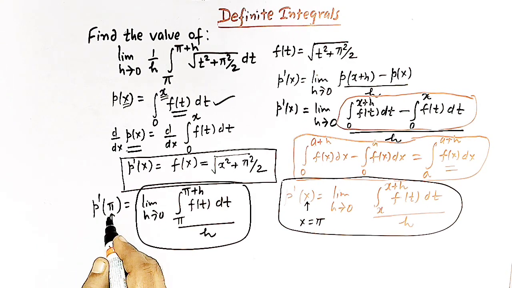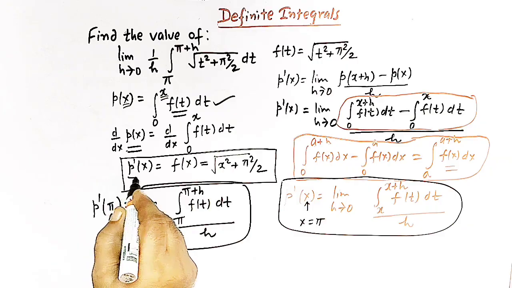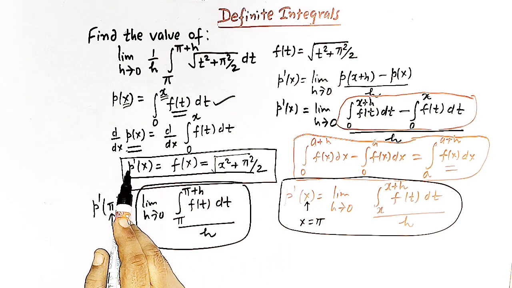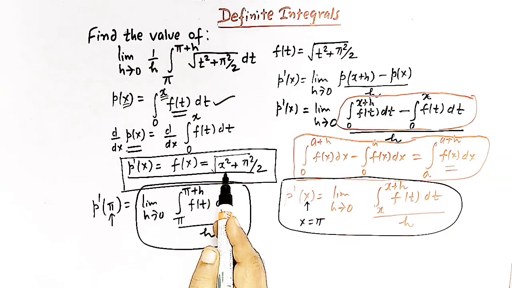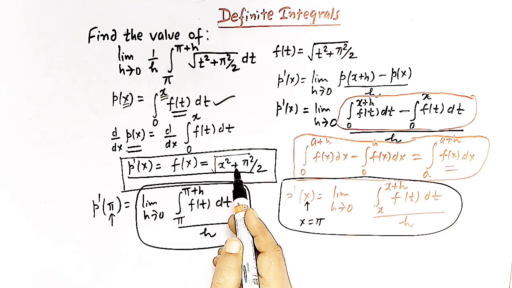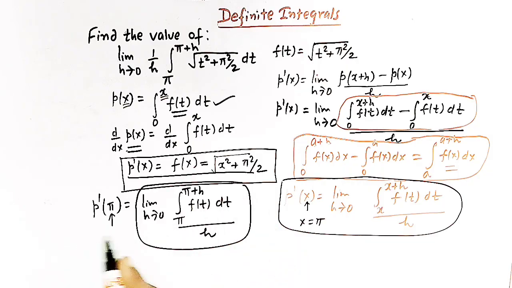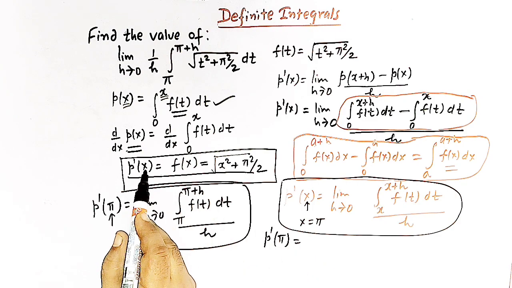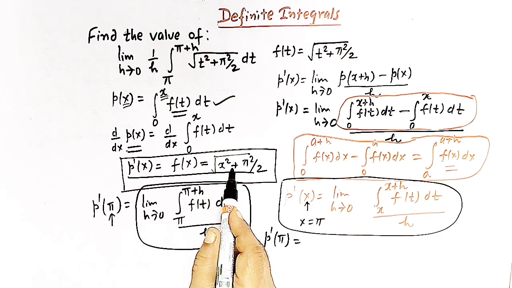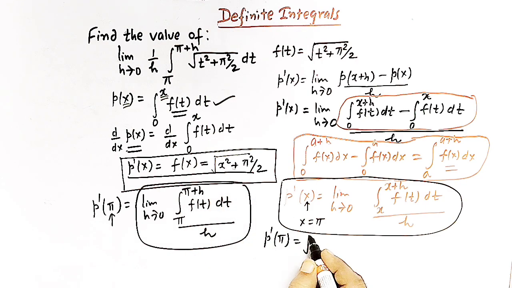Now p prime of pi can be obtained from this expression. P prime of x is equal to square root of x square plus pi square over 2. So now p prime of pi is obtained by replacing x by pi in this expression. So we have square root of pi square plus pi square over 2.